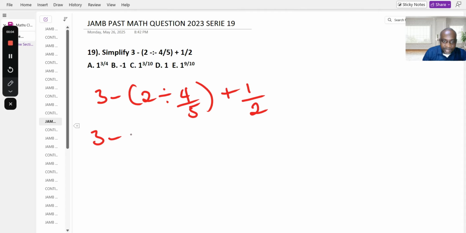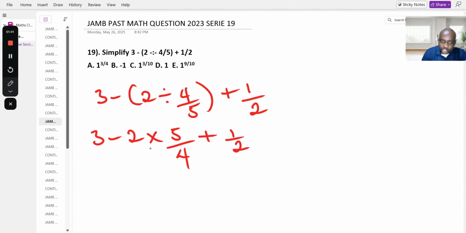BODMAS, open the brackets first. To change this division to multiplication, the numerator will come down while the denominator will come up. Therefore, change it to this one: 5 will come up and 4 will come down, plus 1 over 2.